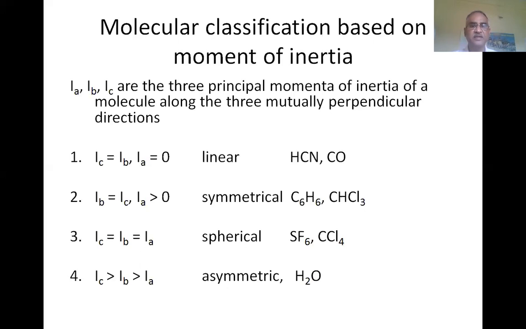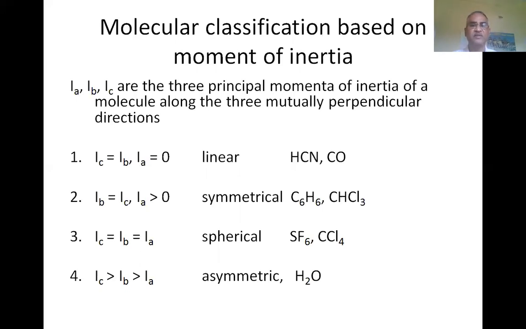And the conditions of moment of inertia are given in the left column. So IC and IB are equal, whereas IA is 0 for linear molecules. Linear molecule examples are hydrogen cyanide, hydrochloric acid, carbon monoxide, like that. The second class of molecules is IB equal to IC and IA greater than 0, and this is for symmetrical molecules.